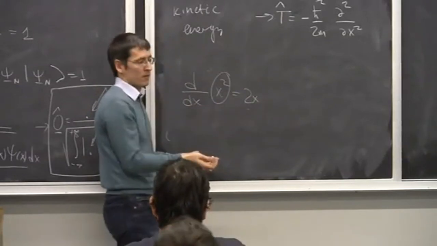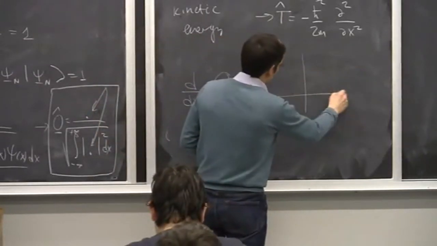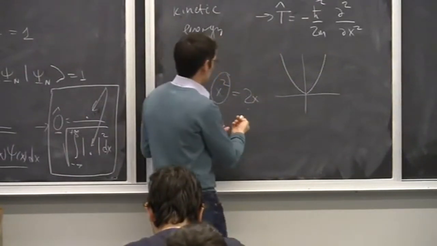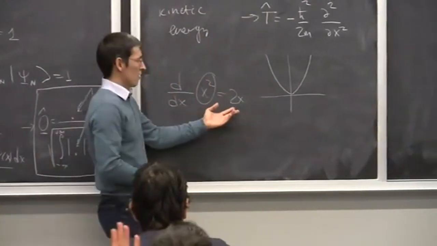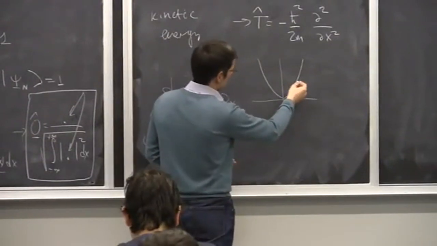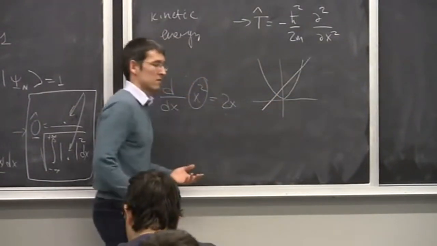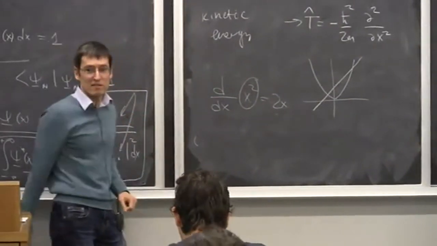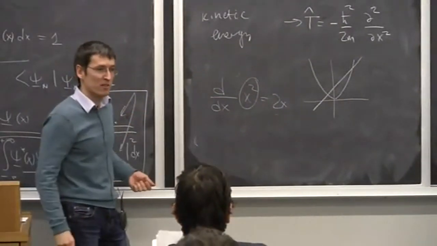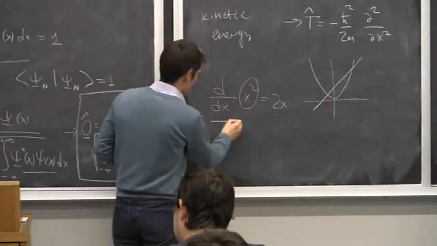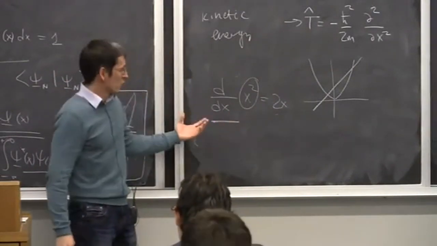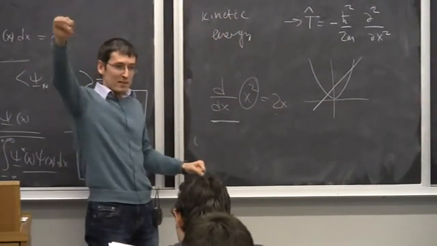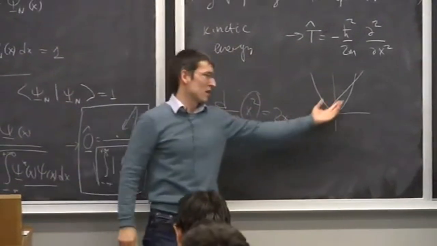So what just happened? I gave an operator a function that looked like this, right? Parabola. What did it give me back? A function that is linear, right? So it looks like this. It's almost like it unbent the parabola and made a straight line. This is magic, right? So this is what operators do. They take a function, a parabola, and unbend it into, in this case, a straight line.